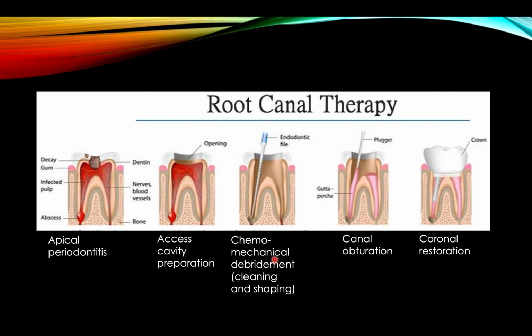The aim of canal obturation is to fill the space and prevent the travel of further bacteria to the apical part of the root. And then we put a restoration or a filling on top of the tooth to prevent bacteria from leaking to the pulp space and infecting it again.